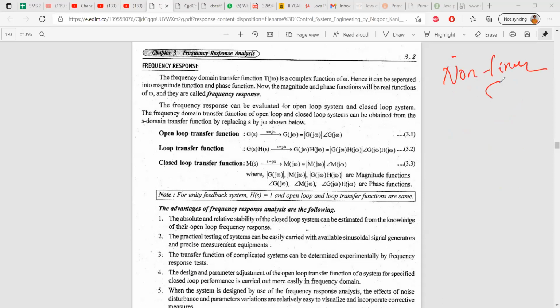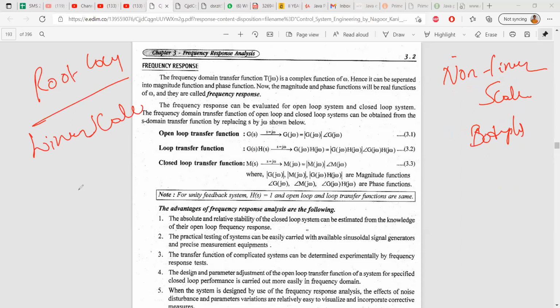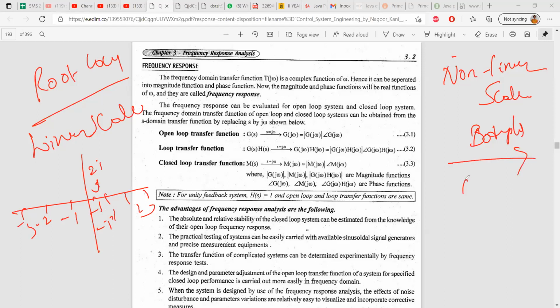But coming to root locus, we are taking a linear scale, like this: -1, -2, -3, 1, 2, 3, j, 2j, -j, -2j. But in the Bode plot, we are taking the non-linear scale, which is plotted on semi-log graph sheets.